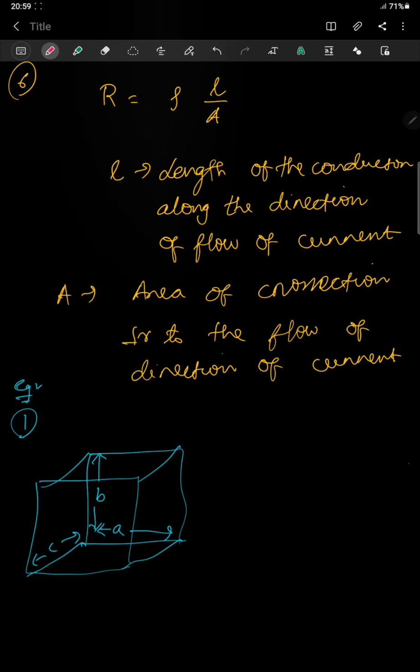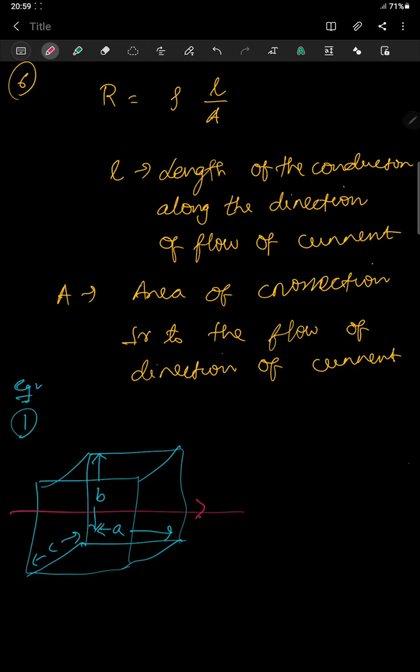Suppose current flows in this direction, along the X direction. Then what will be the value of R? R will be rho A divided by BC, because L has to be the length of the conductor along the direction of the flow of current, and X is A here. BC is the area.